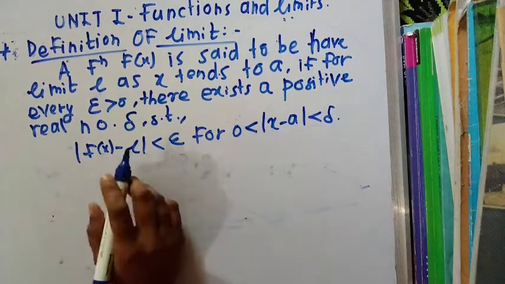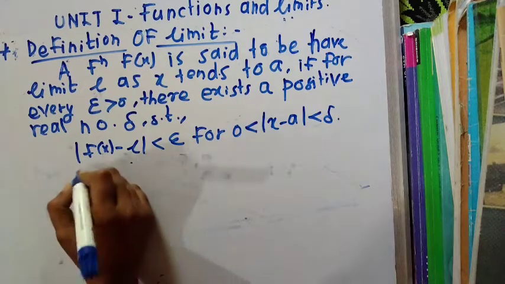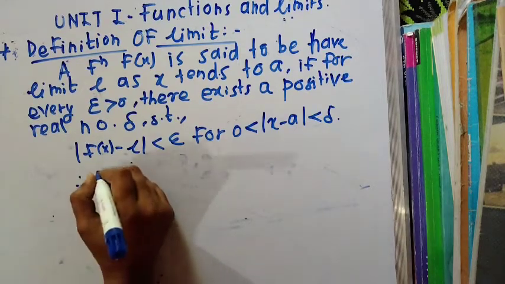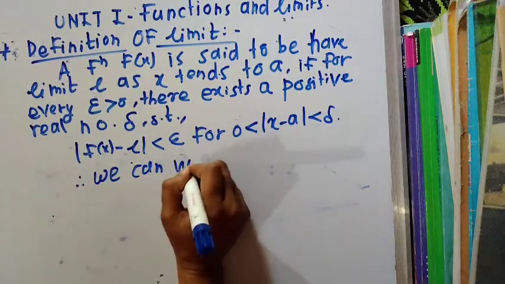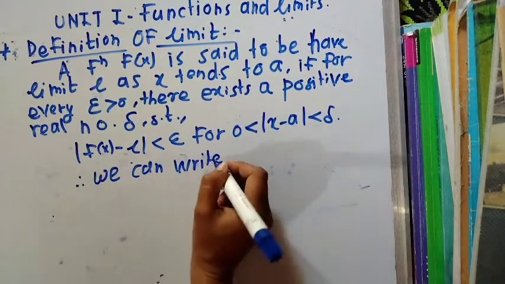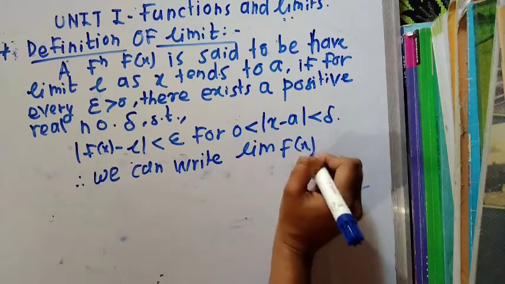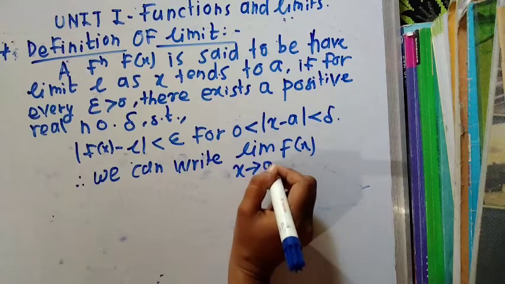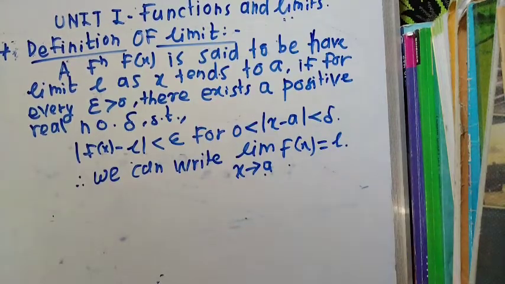If this condition is satisfied, it is the limit and we can write it as: the limit of f of x as x tends to a is equal to L. This is limit.